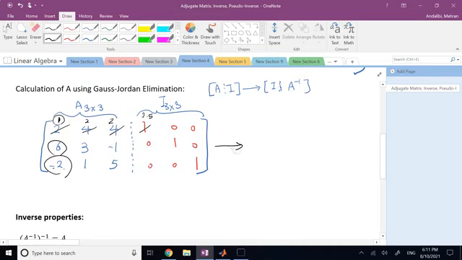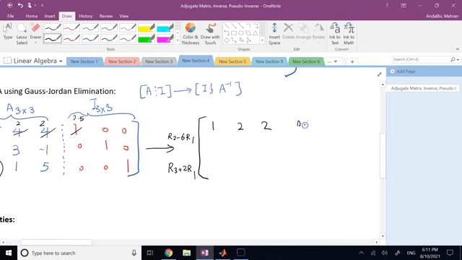So here all I did is I divided the first row by 2, but now in the next step what I need is row 2 minus 6 times row 1, and then row 3 plus 2 times row 1. Okay, so I will get 1, 2, 2, 0.5, 0, 0.